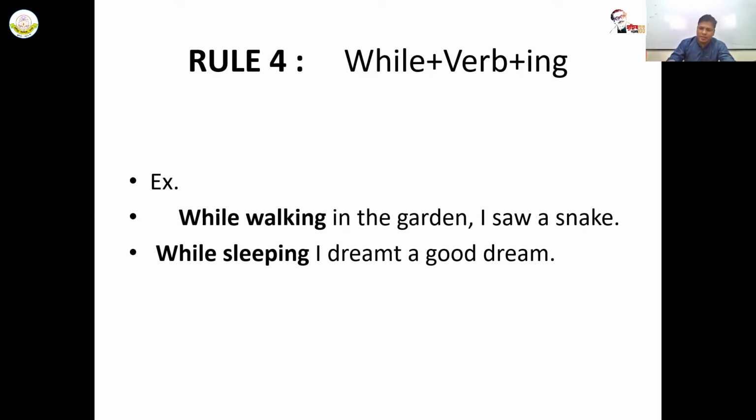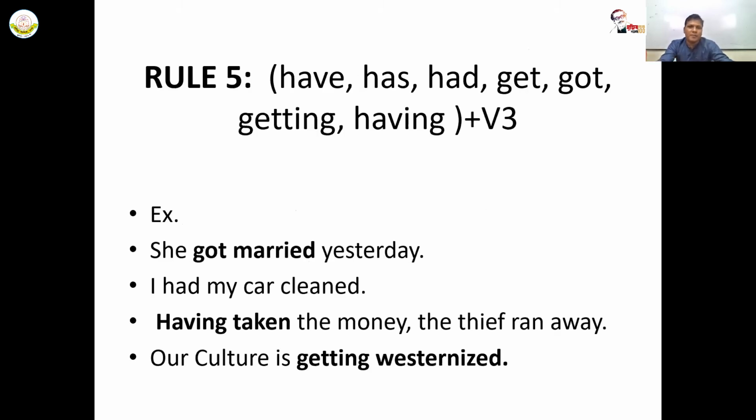Now, rule 5: have, has, had, get, got, getting, having. After these, the verb will take the participle form, that means V3 form. We know that a verb has three forms: present, past, and past participle. In teaching English, we recognize V1, V2, or V3.